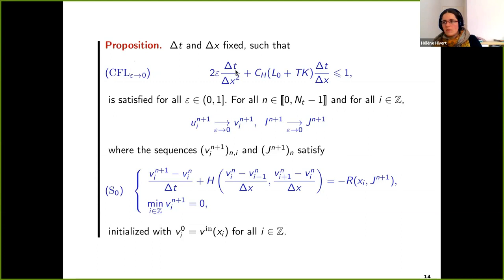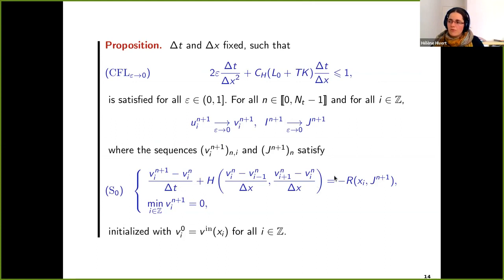This stability condition depends on epsilon, and here we fix dt and dx, and we show that when epsilon goes to 0, the sequence V defined by the scheme S epsilon goes to another sequence V, and the sequence I defined by S epsilon goes to another sequence J, where V and J satisfy this scheme S naught, which is the limit scheme.